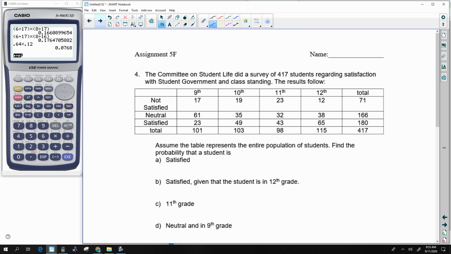Okay, table problems. So satisfied, there are 180 of them. The word given, so the second piece is going to become the total, so the 12th graders are the total, and the intersection with satisfied. Next is just straight up 11th grade.